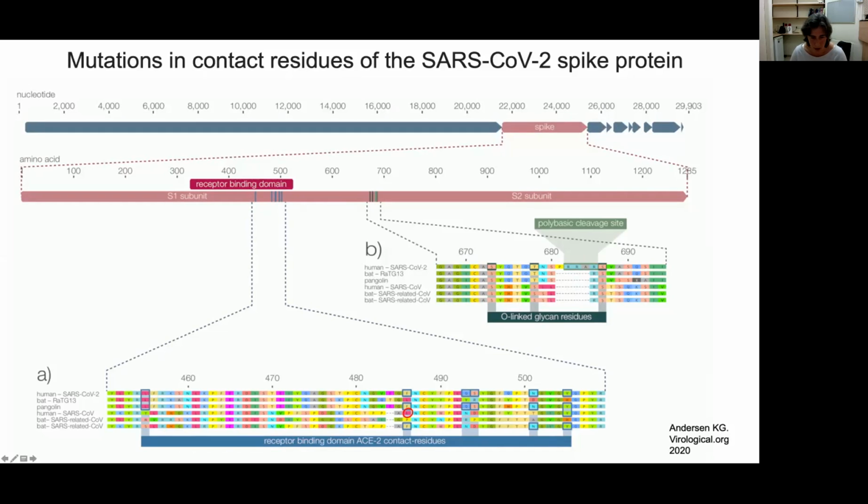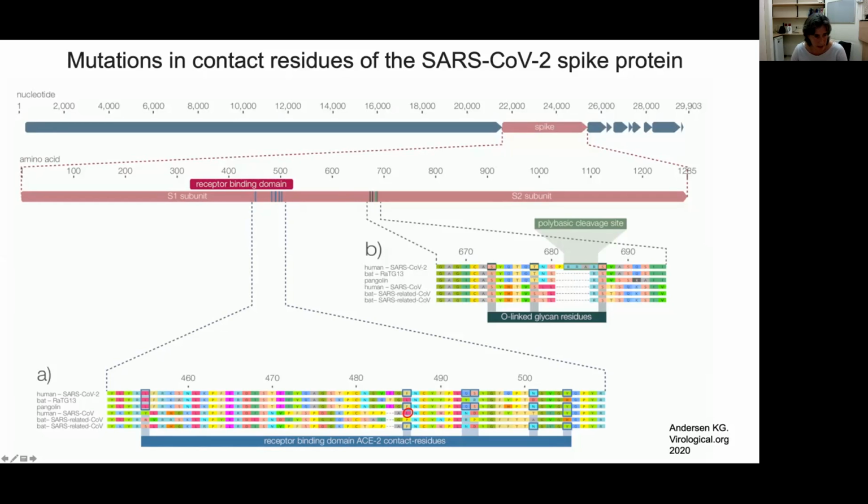The human SARS-2 protein sequence is here on the top, and the closest bat virus is right under it, and then you can see the pangolin and the old SARS and another two related bat viruses sequences.